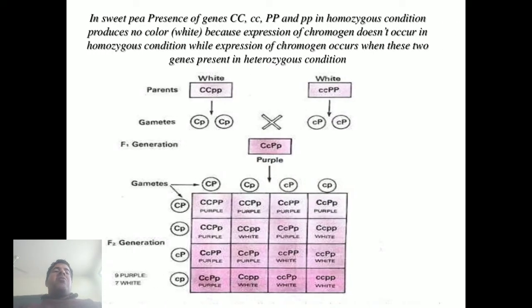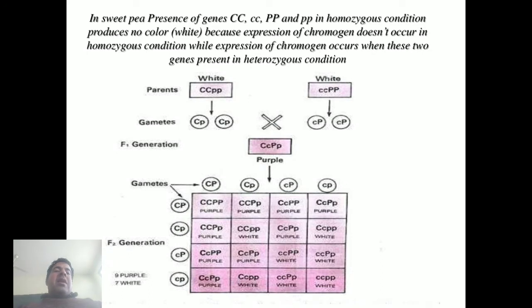Example in sweet pea, Lathyrus odoratus, genes C and P. CC and PP in homozygous condition produce no color, means white, because expression of the gene does not occur in homozygous recessive condition.